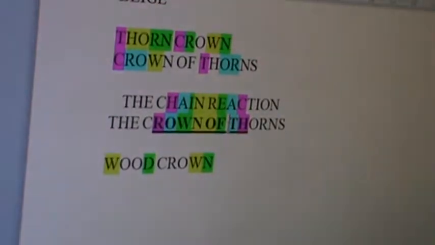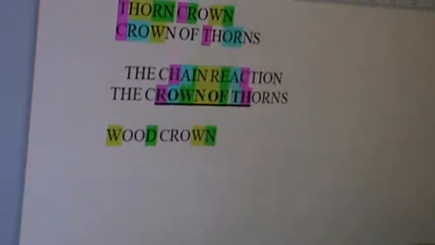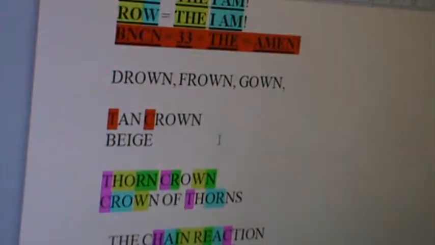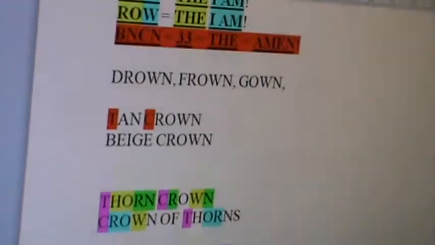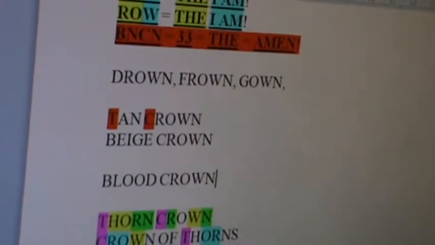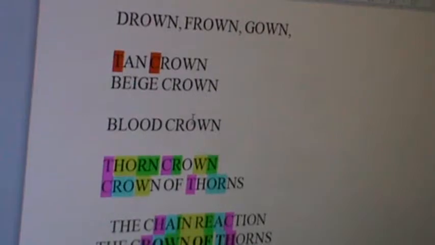Let's keep going. We're getting a lot of cool findings with the word crown. Wood crown was amazing. Crazy. Put blood on a crown. Whoever had blood on a crown? The I am.